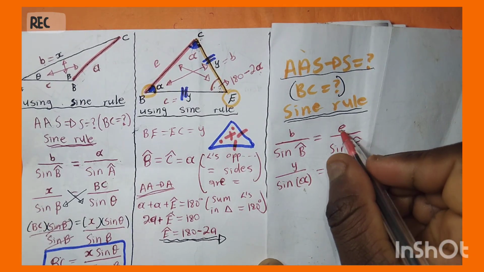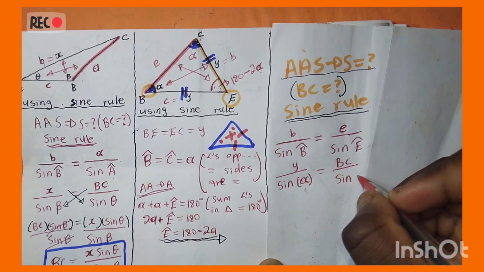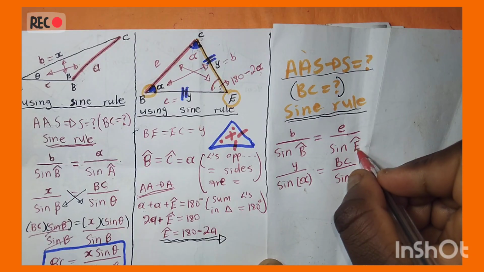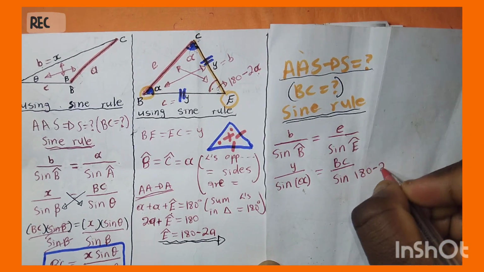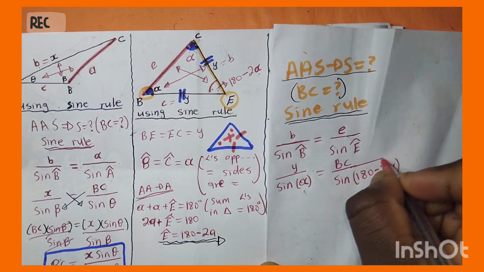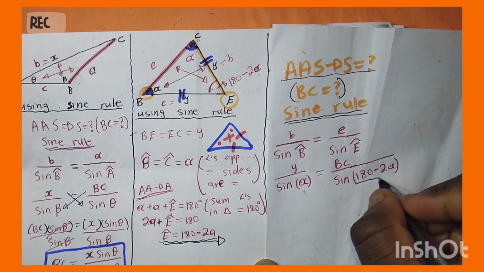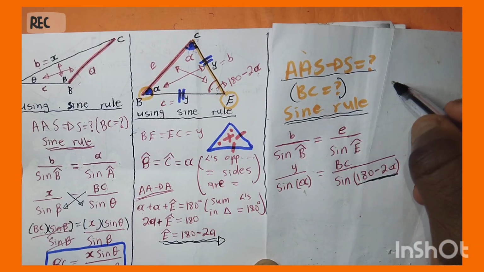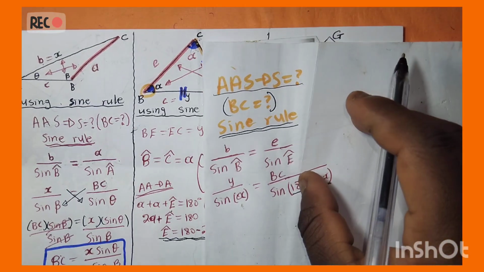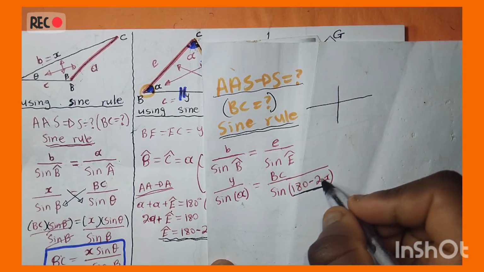And now coming from E, it's BC divided by sine of big E, that big E now is 180 subtract 2 this term. Do you see? And now here, guys, you should be smart, because check something. If you still remember, according to trigonometry, we once learned about positions on the Cartesian plane where you can reduce the angle.